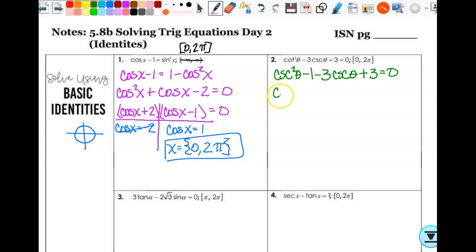So then that gives me cosecant squared theta minus 3 cosecant theta plus 2 equals 0. Then I can factor this. This will give me cosecant theta and cosecant theta. And then what are my two numbers? Negative 2 and negative 1.